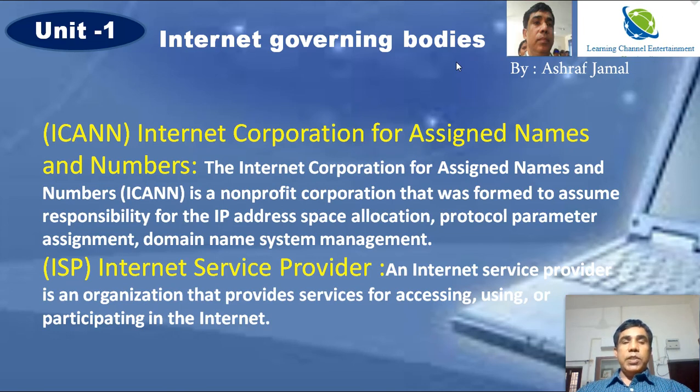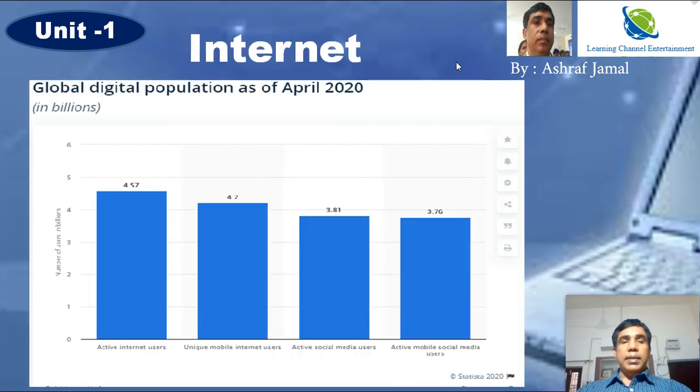ISP, Internet Service Providers. An Internet Service Provider is an organization that provides services for accessing, using, or participating in the Internet. So this is a statistic to understand the growth of the Internet.